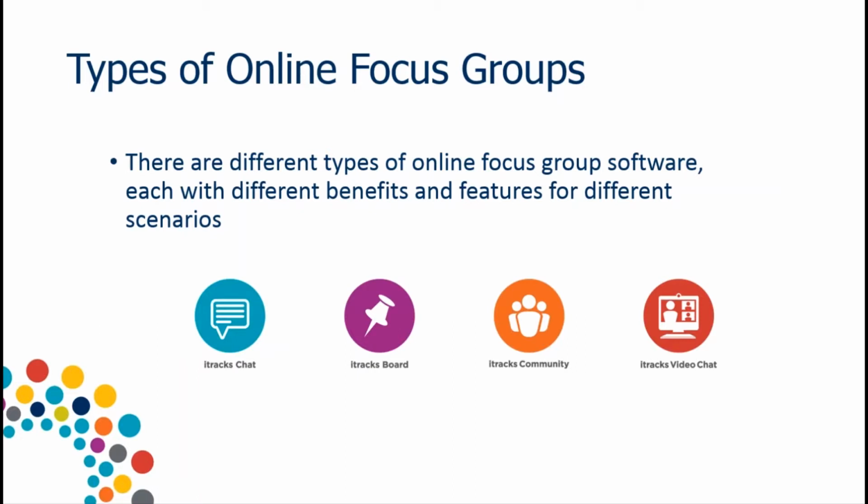So our itracks board product has a full mobile suite of software that's available on iOS devices and Android devices. We also have the itracks community offering, which has everything that the itracks board has, plus the inclusion of a points module, and then the ability to host up to 300 or 400 users at a single time, and so that's a great offer as well.